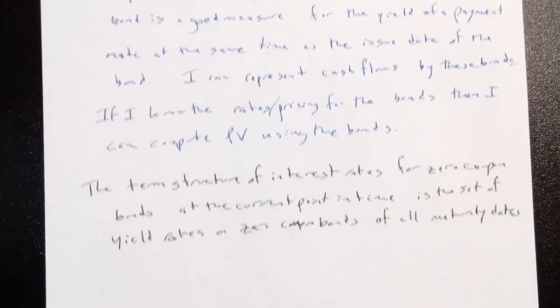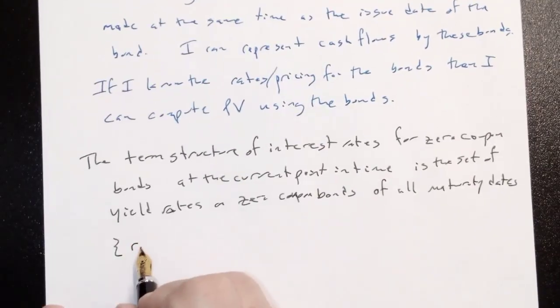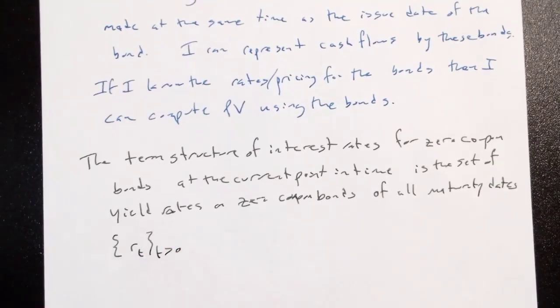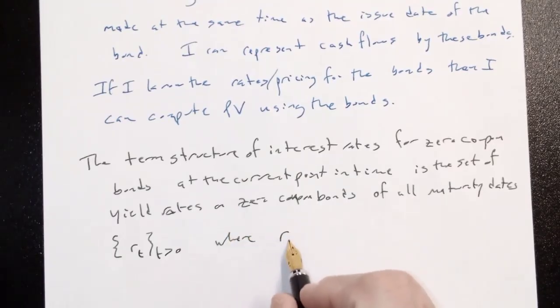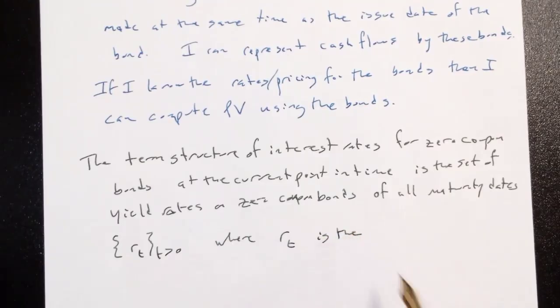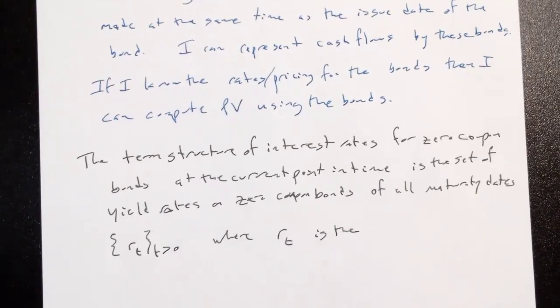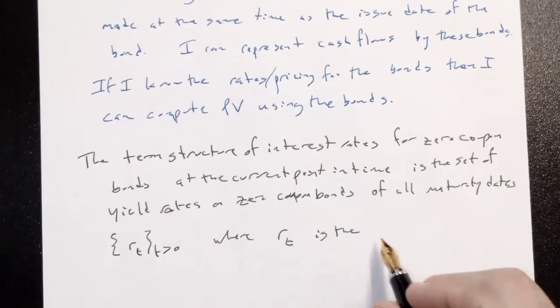All right, this is a set of numbers, R_T for T bigger than 0, where R_T is the yield for a zero coupon bond maturing at time T.